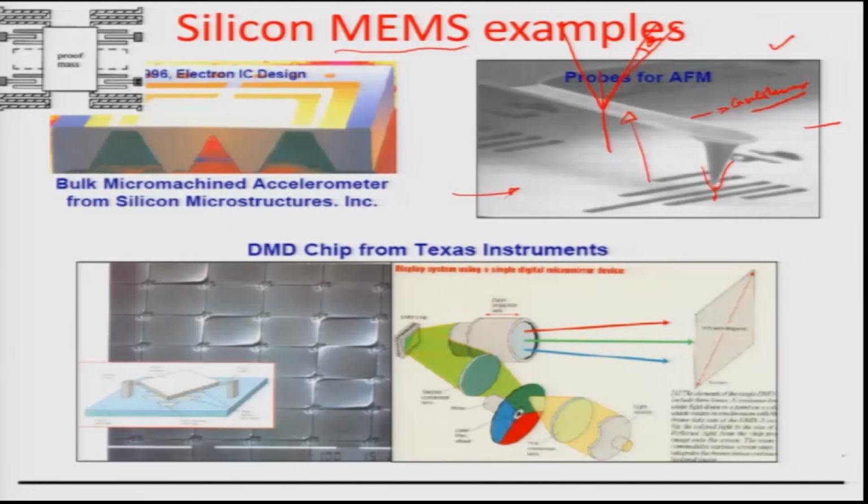We have other examples. For example, this right here is a very interesting application of MEMS, particularly physical MEMS. This is the digital micromirror device, a chip that Texas Instruments makes and is very commonplace with screen projectors. So, this particular chip is again based on the principle of microsystems. If I look at this surface right here, it is an array of mirrors.